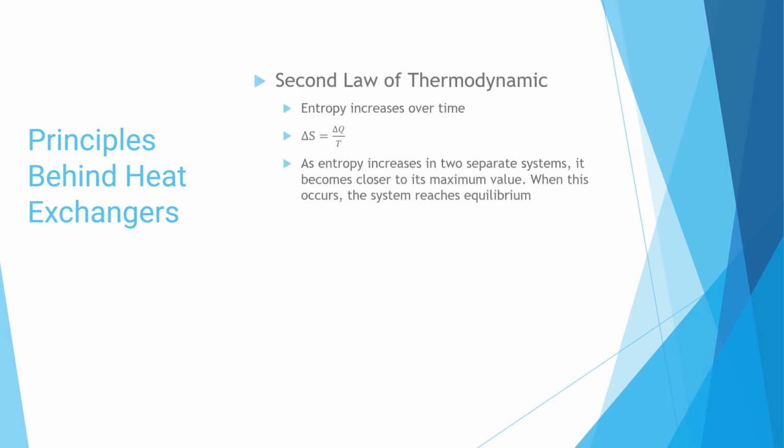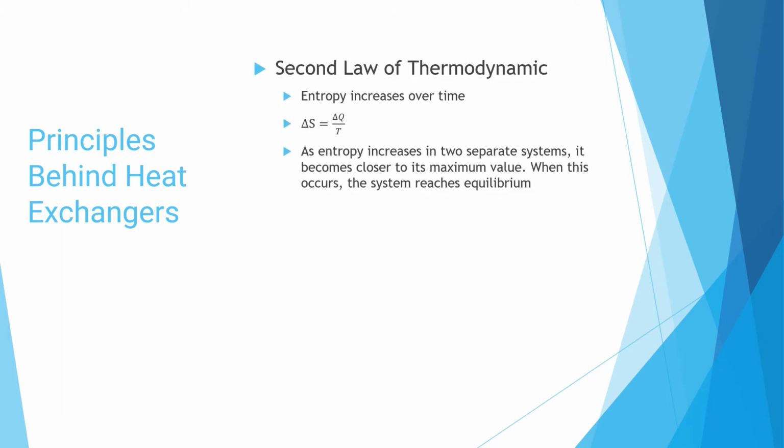Next, we have the second law of thermodynamics. This states that entropy increases over time. As entropy increases in two separate systems, it becomes closer to its maximum value. When this occurs, the system reaches equilibrium.